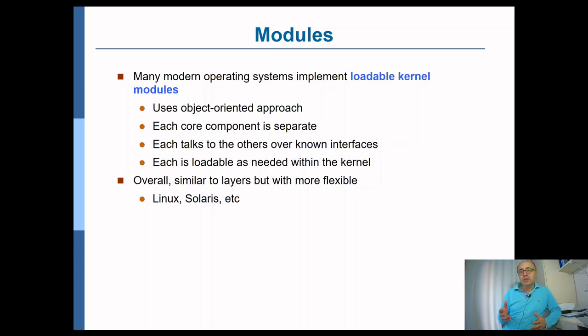SunOS in time was renamed as Solaris. It was really a very successful Unix brand, but it was proprietary. That means the source code was not open. In time, Sun Microsystems decided to open the source code of Solaris, in other words, convert Solaris to an open project.